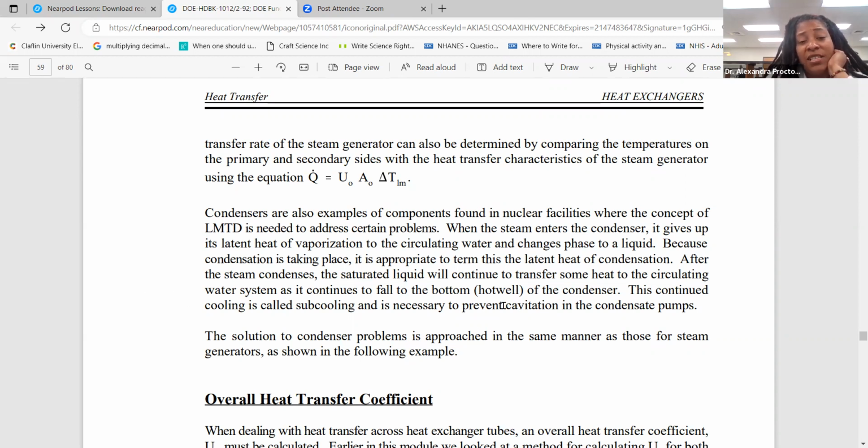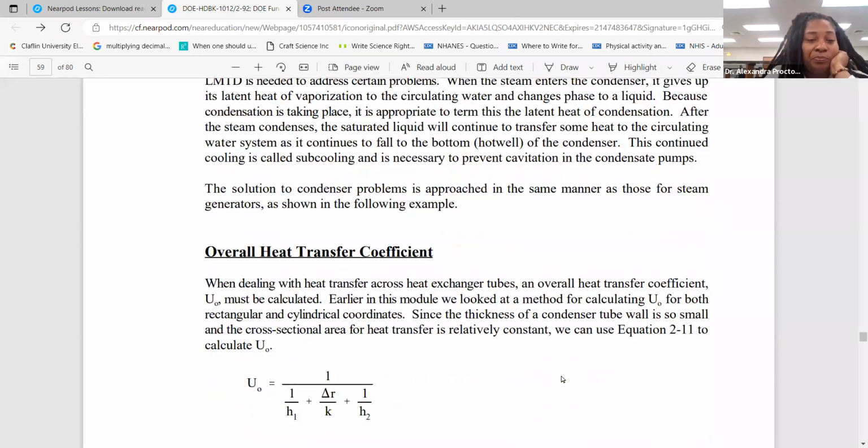And after the steam condenses, the saturated liquid will continue to transfer some heat to the circulating water system as it falls to the bottom of the hotwell of the condenser. The continued cooling is called subcooling and is necessary to prevent cavitation in the condensate pump. So the solution to a condenser problem is approached in the same manner as those for steam generators, which is shown by this example.